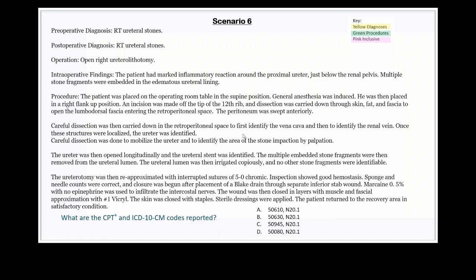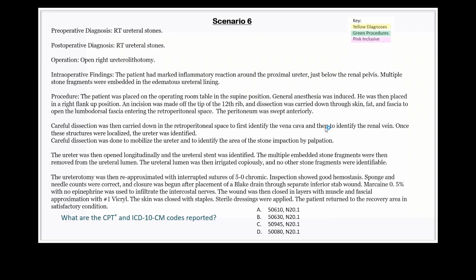The multiple embedded stone fragments were then removed from the ureteral lumen. The ureteral lumen was then irrigated copiously and no other stone fragments were identifiable. The ureterotomy was then reapproximated with interrupted sutures of 5-chromic.